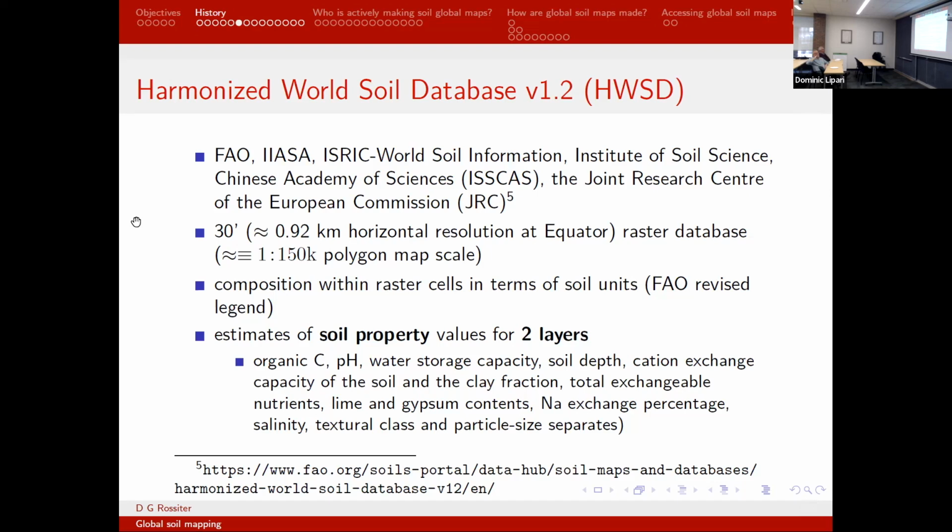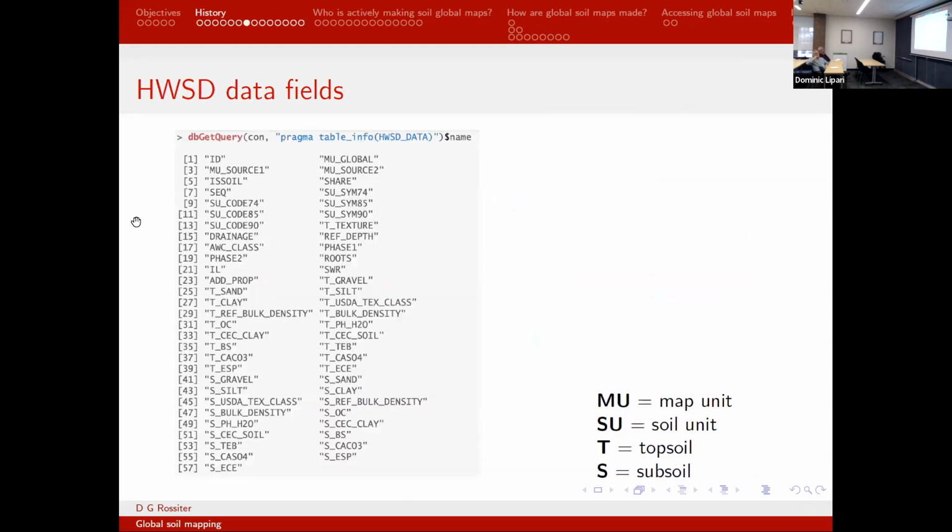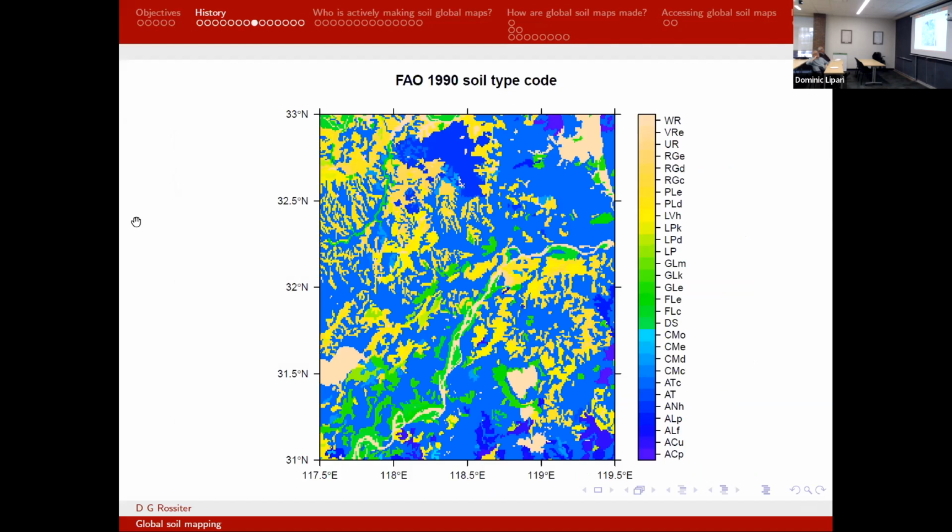In this case, they said, well, we're going to just make the soil in 2 layers. There's the top and the subsoil. The difference here was finally we had a map of soil properties. There are some estimates in these grid cells of the soil property values, and you can see the kind of things they have. This is a list of their properties.